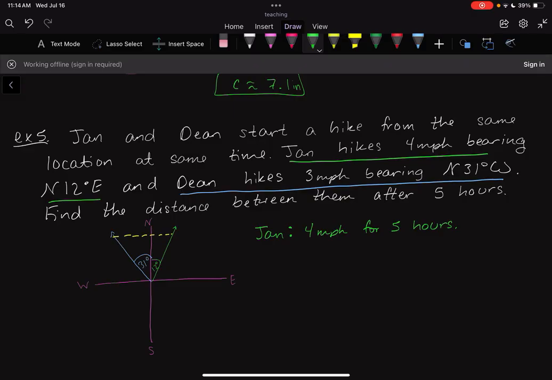How many miles is that? We would do 4 times 5, so that's 20 miles. So her side length here is going to be 20. Now Dean hikes 3 miles per hour for 5 hours. So that's 3 times 5, so 15 miles.